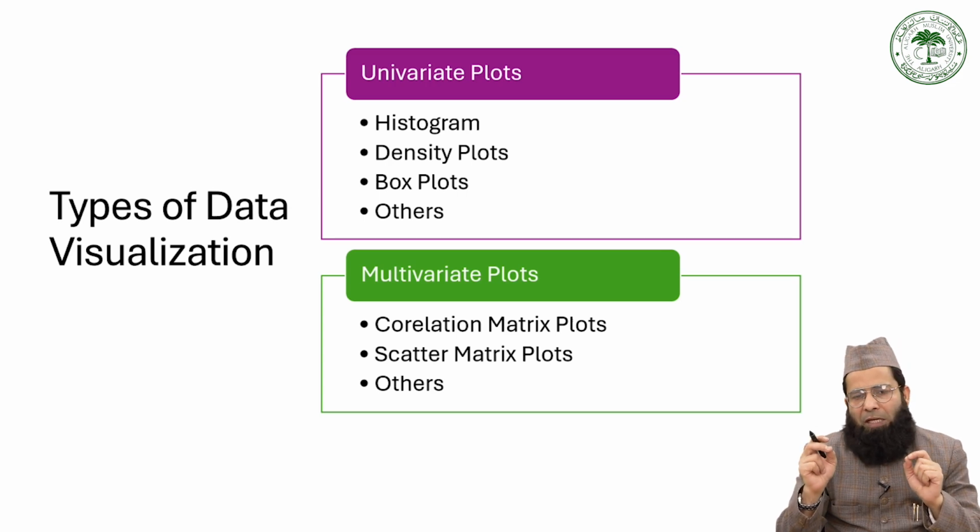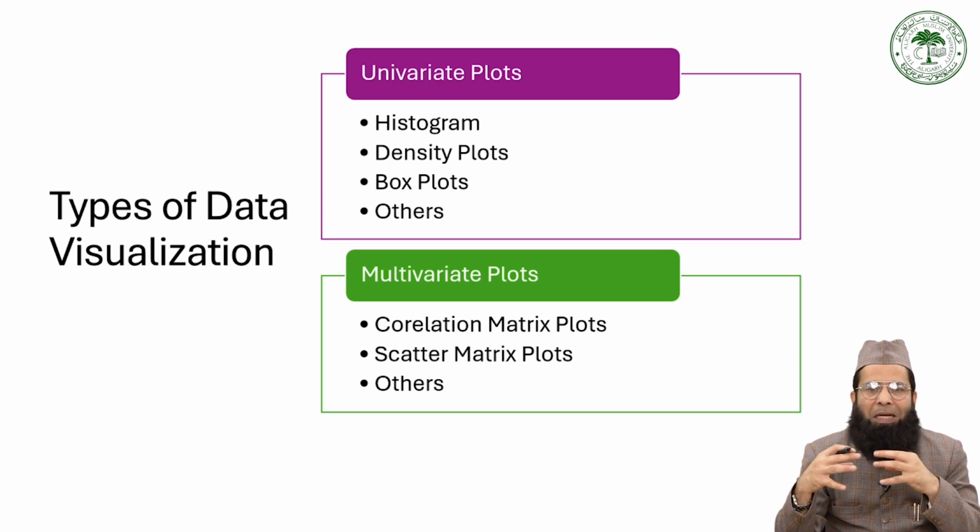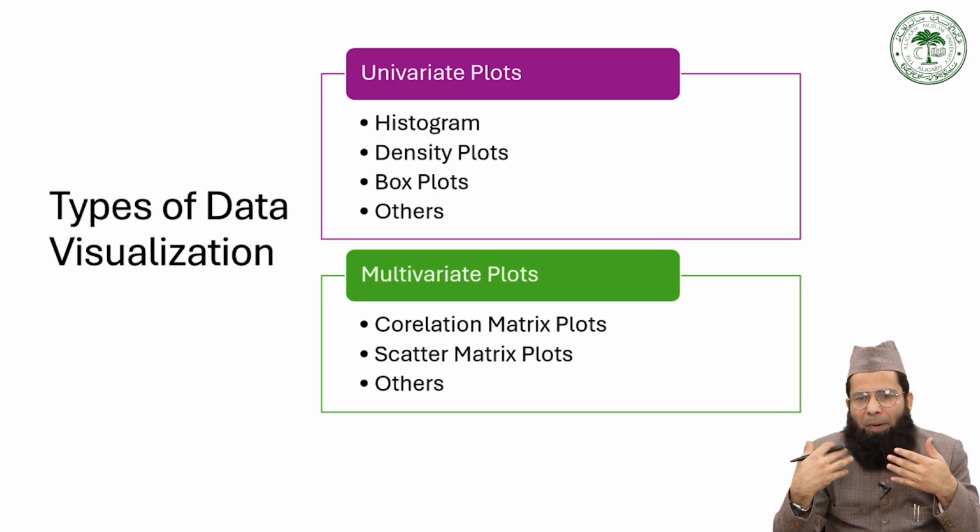Multivariate plots are used to explore the relationship between two or more variables simultaneously. These plots can reveal patterns, correlations, trends and interactions between multiple variables.